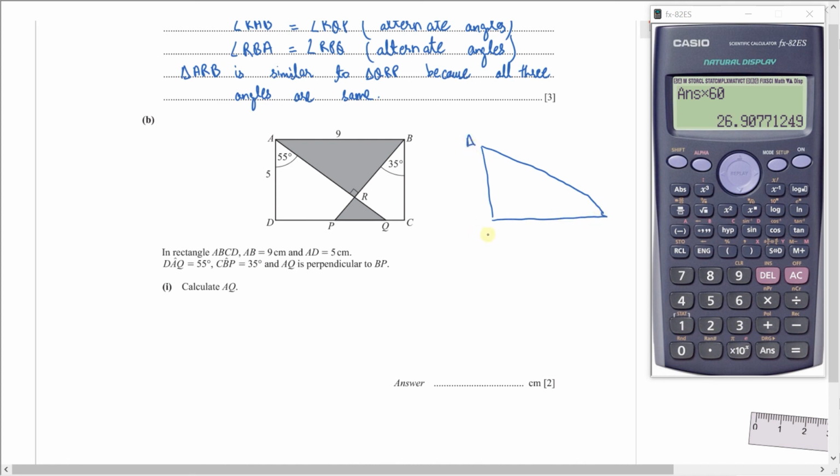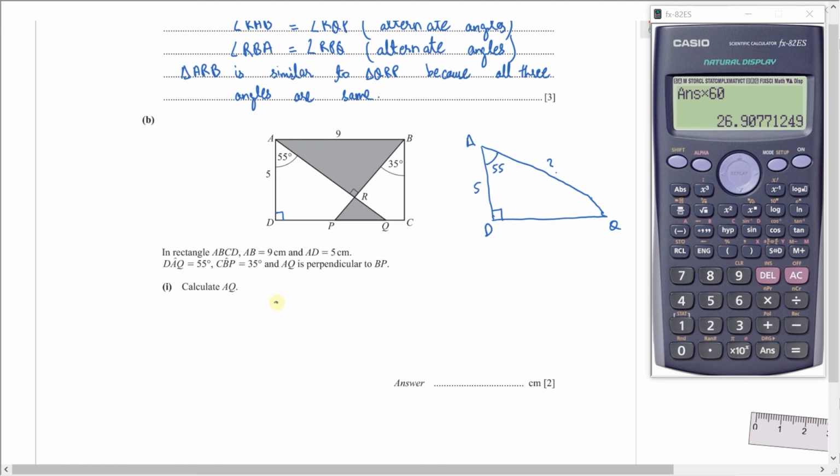So this is A, this is D, and this is this point Q. This angle here is 55, this length here is 5, and this is the hypotenuse. And since this is a rectangle, this angle is 90 degrees. So this is a right angle triangle.